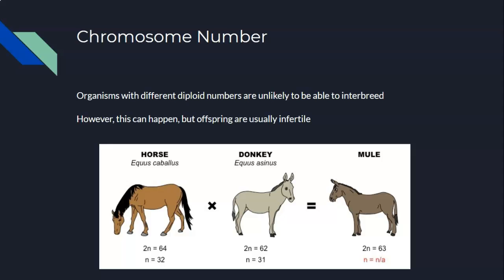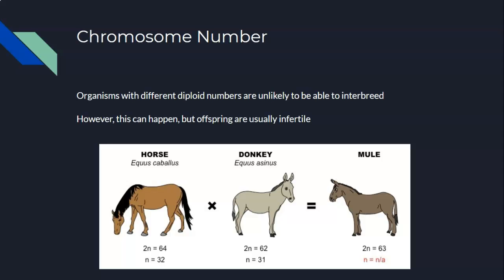Okay, so for the last bit, it's just some quick recaps of things maybe you know, but I'm just going to go over again. For chromosome numbers, organisms with different diploid numbers are unlikely to be able to interbreed, right? You can't interbreed an organism that has 20 chromosomes with an organism that has 40 chromosomes. You're not going to be able to produce a viable offspring.